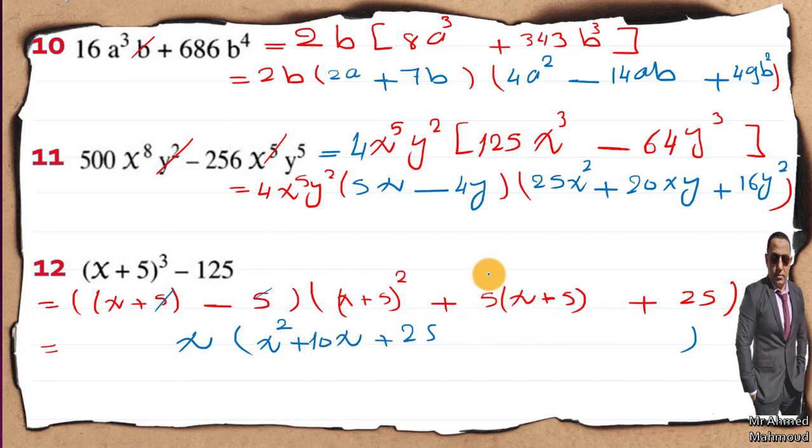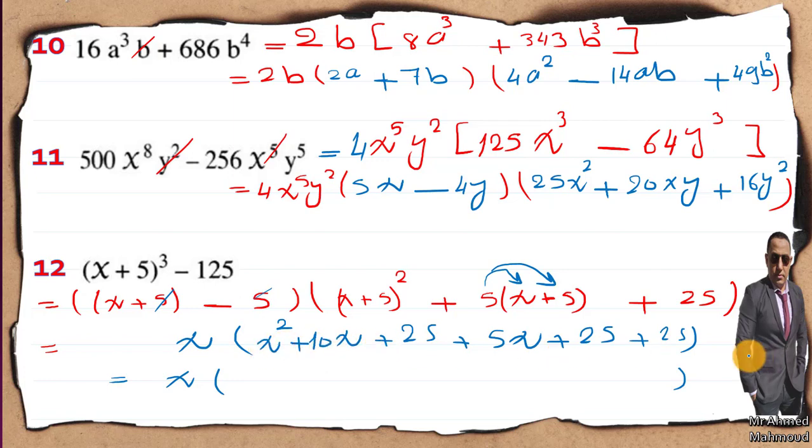Here, I'm going to distribute 5 among the bracket. 5 times x equals 5x. 5 times 5 equals 25. And here drop down plus 25. Okay. Outside there is x.